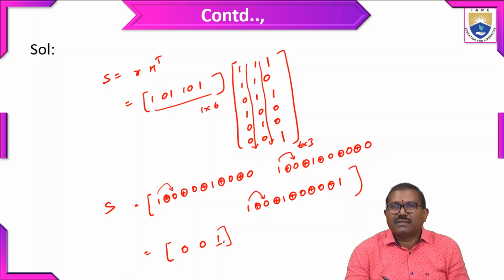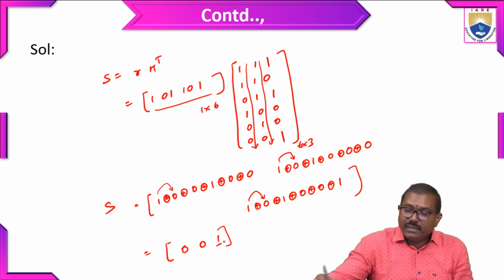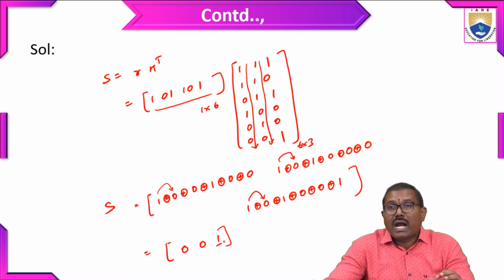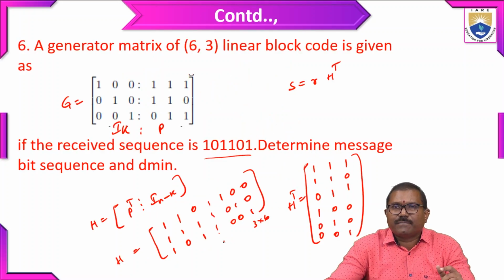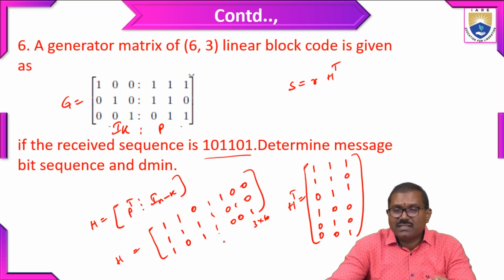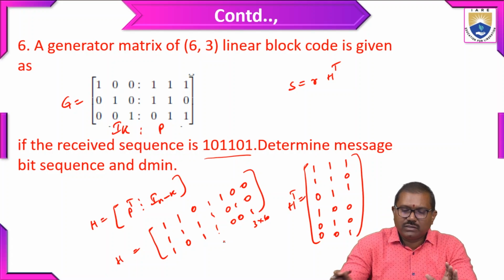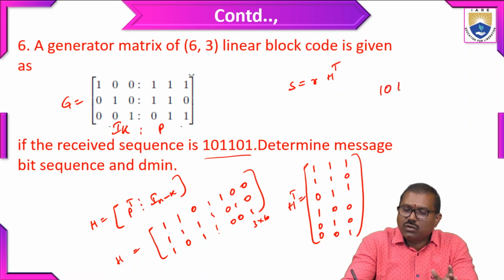Third bit is error. Now here I am going to identify where this error is in the bits. Okay, so go for G. So G is I_K augmented with P, so it indicates systematic. So systematic means this 101 101 is there.